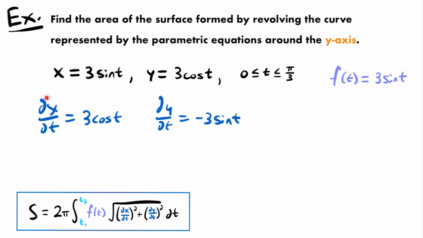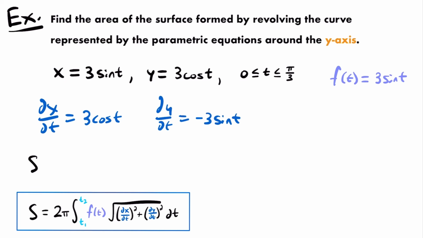Okay, so now we have dx dt, dy dt, and small f of t that we can plug into this formula to set up an integral that will calculate the area of our surface of revolution, which is formed by revolving the curve around the y-axis.